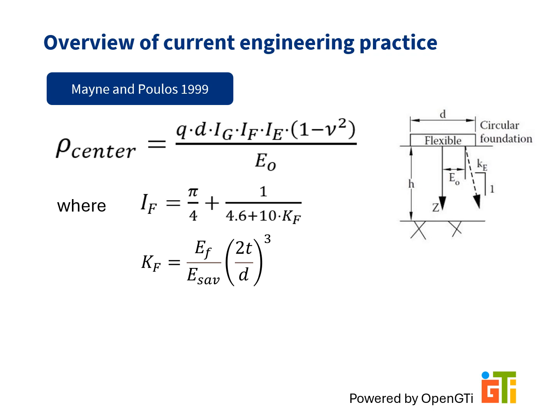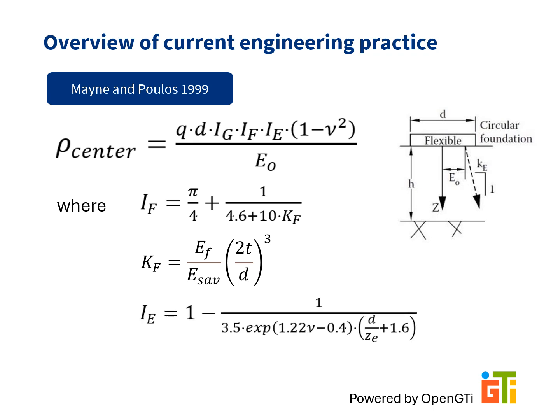The second inference factor is the foundation embedment factor, IE, which is approximately given by this equation, where ZE is the depth of embedment of the footing base below surface.